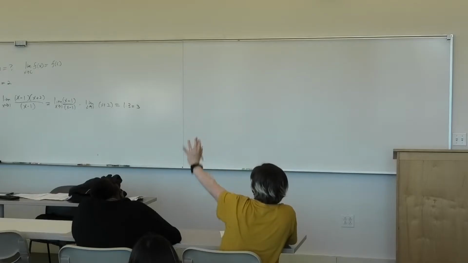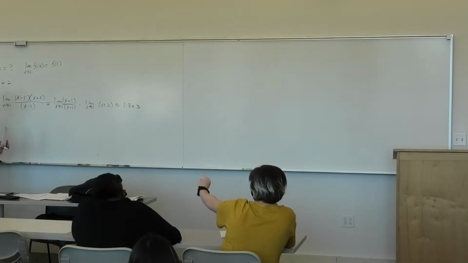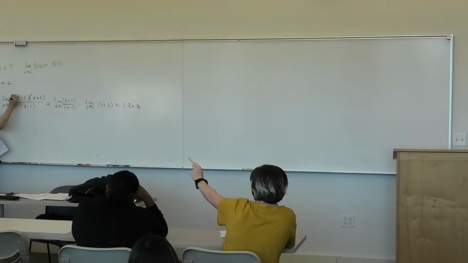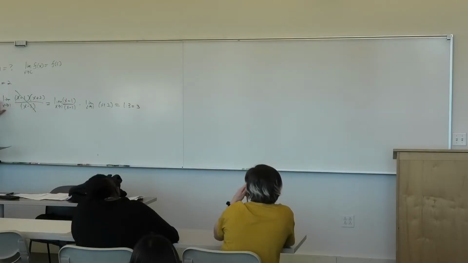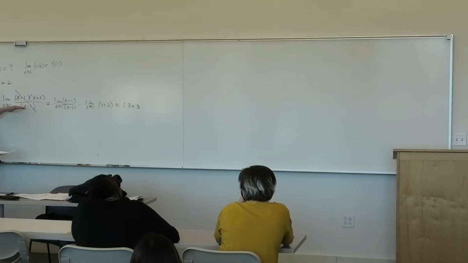Are we also allowed to cross it out, because you factor it, you can cross out x minus 1? Yeah, you can skip a step and go, look. Again, we're dealing with a limit where the rules are a little funny. The rules are close to 1 is what we want, not at 1.